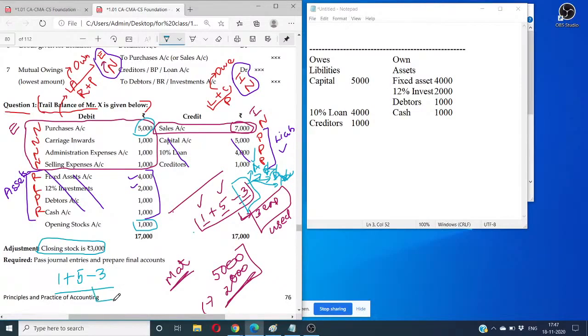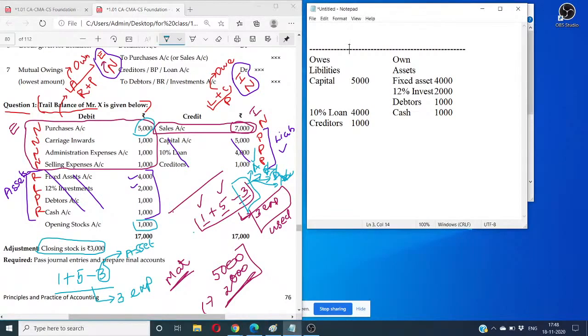After doing this, the balance amount, that 1 plus 5 minus 3, is the expenses. So purchases is not the expenses, only the consumption is the expenses. Is it okay? And to the extent of cash unspent is the asset also. Such a way you can now handle this.